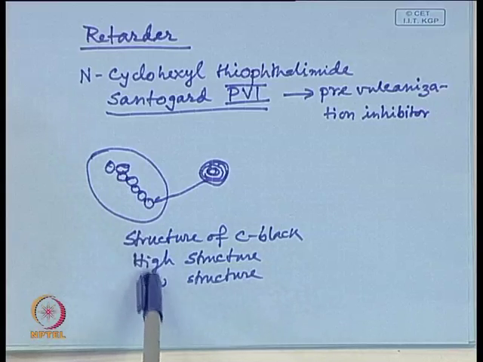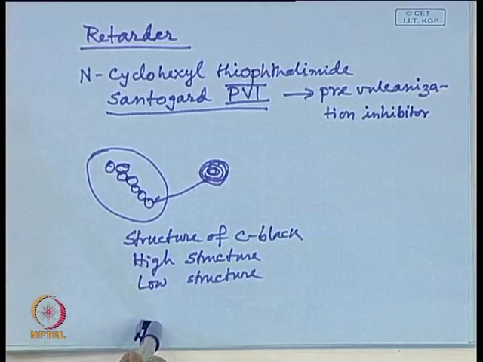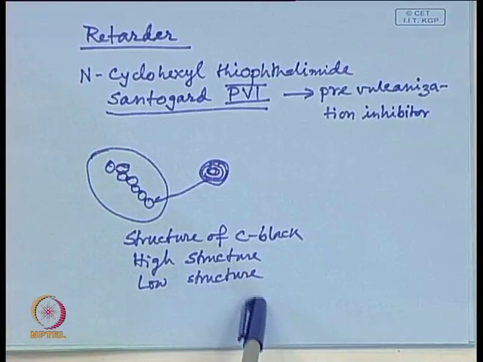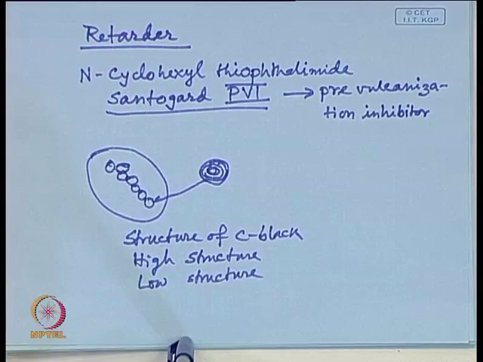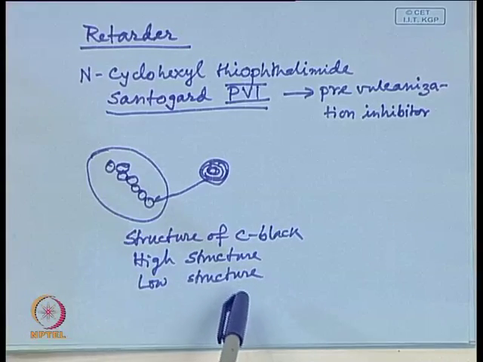On the contrary, if you take fine structure, low structure carbon black, those carbon black particles can be easily accommodated, but once accommodated, they immediately form aggregates, and then breaking those aggregates is rather difficult. Why?